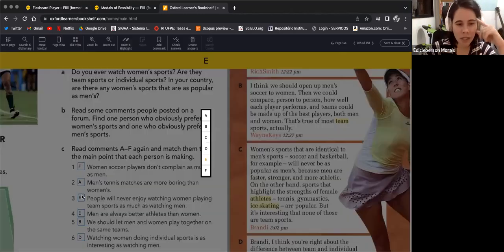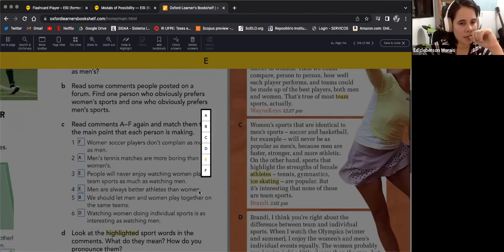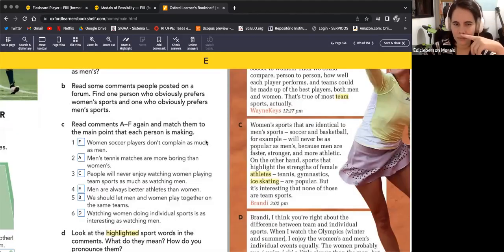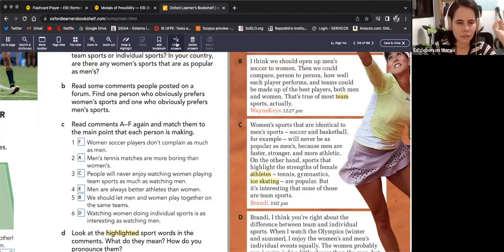I think number 3, I do think it's C. Let's check. Yeah, it's correct. People will never enjoy watching women playing team sports as much as watching men.